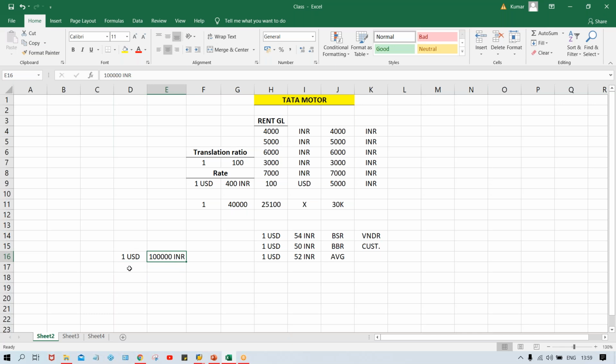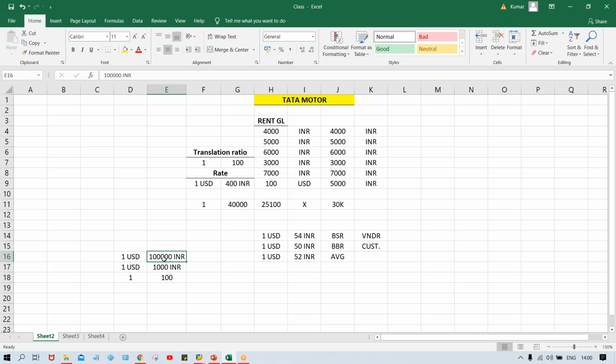You have to say that I'm going to specify the rates in the exchange rate table. What is happening in the exchange rate table? I'm going to specify 1 USD equals 1000 INR. At the same time, in translation ratio, I'm going to specify 1:100. So this is how 1000 multiplied by 100, and the system is going to calculate 1 lakh INR.